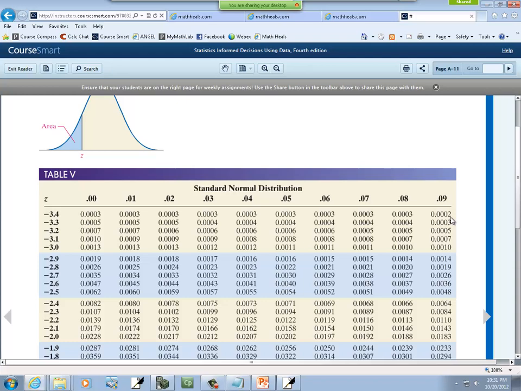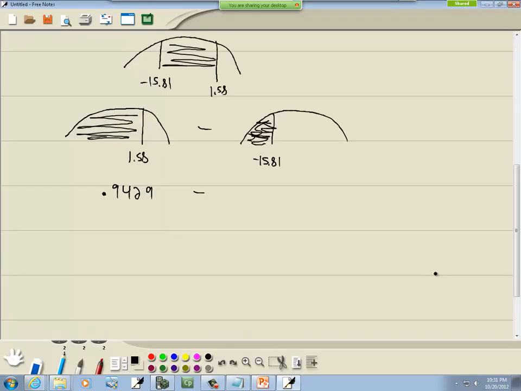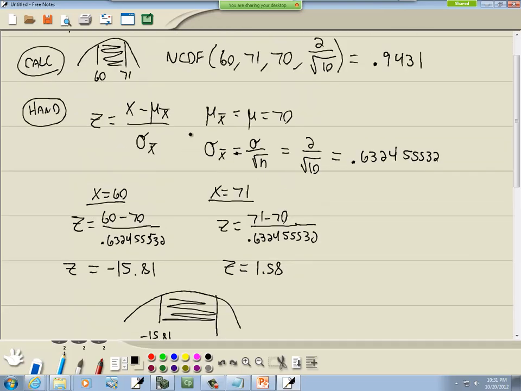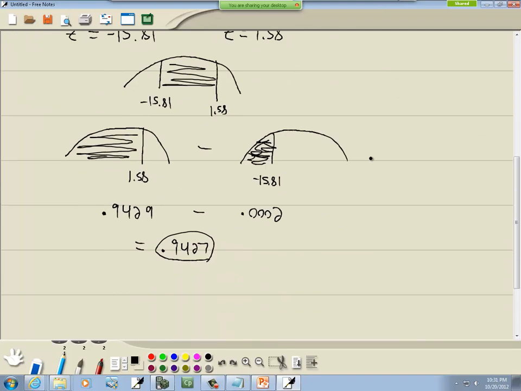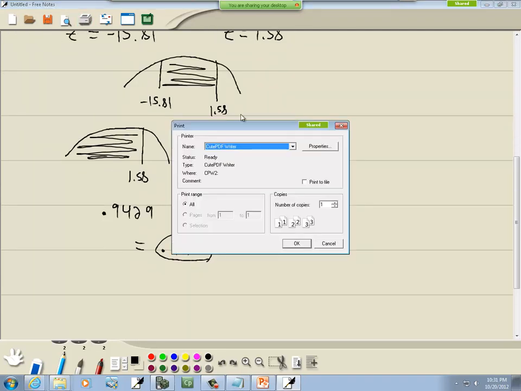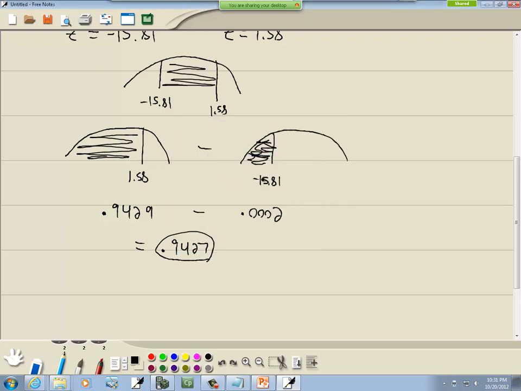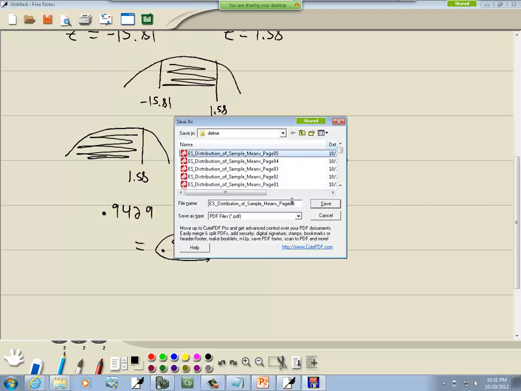That's my smallest value in my table, so I'll use that one. So this will be 0.0002. Subtract those, and I get 0.9427. The calculator gave 0.9431. Not close. So let me save that. And we'll look at part C.